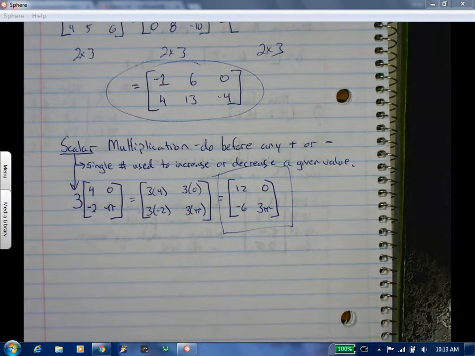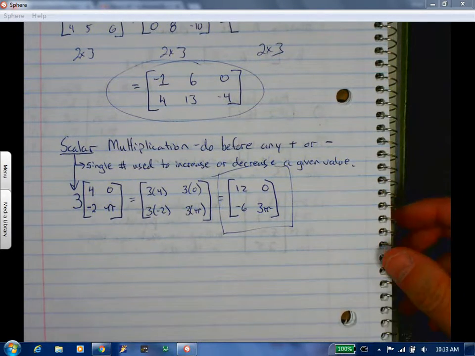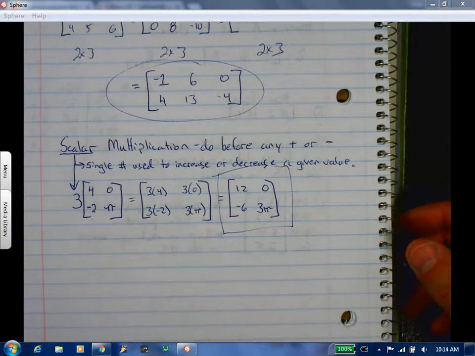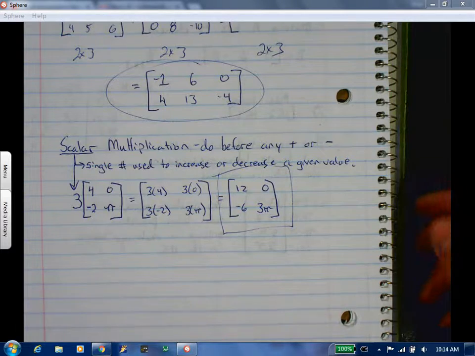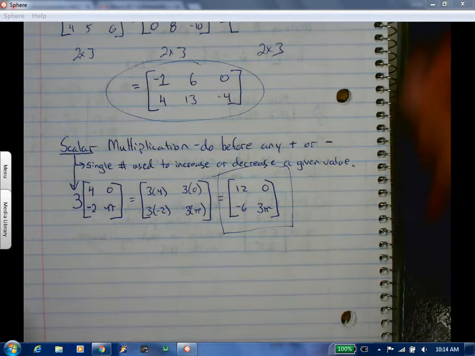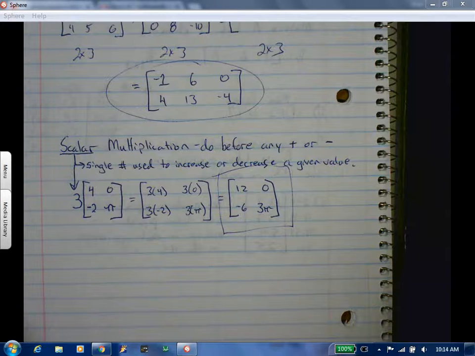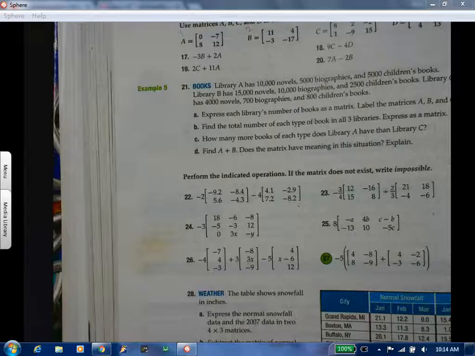So that's pretty much it. I mean, the hardest thing you'll see will be problems like this. They're going to give you 4 different matrices, and they ask you to simplify something like 2 times C plus 11 times A. So the 2 is the scalar.